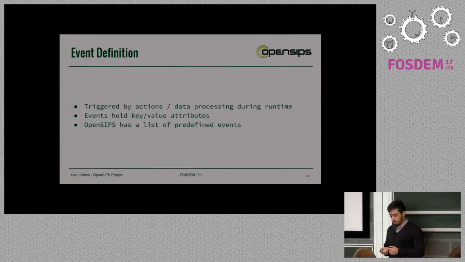And they will basically hold enough information, like these key-value attributes, so we can properly match them and block until the exact event that we're looking for is received.